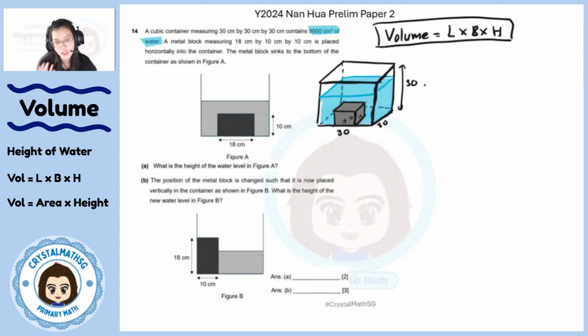So what do we know? We know that the volume is fixed, that's for sure, because it's solid. So we know that there's a solid inside. We want to find the height of the water level in figure A. The height of the water level will depend on the volume of water plus the volume of the metal block.